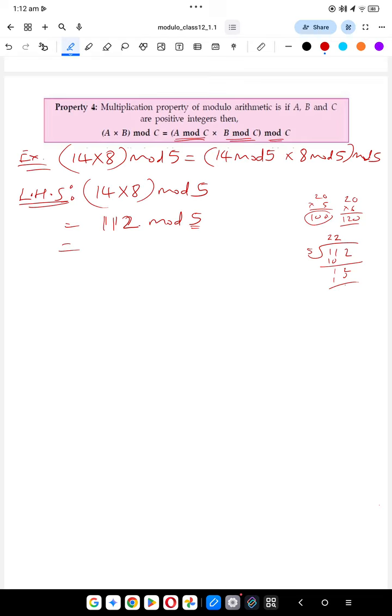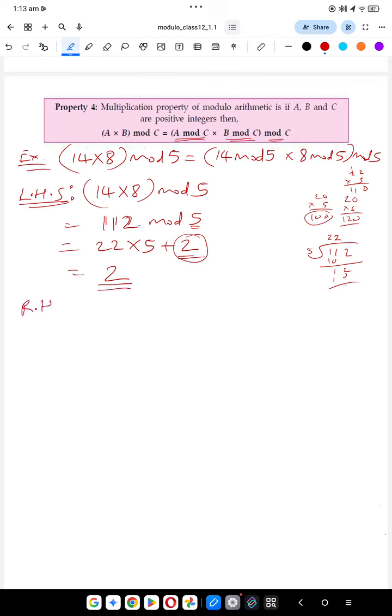So 22 into 5 is 110, and how much are we left with, which is 2. So here we have got the remainder as 2. So our value is 2 in the LHS portion.